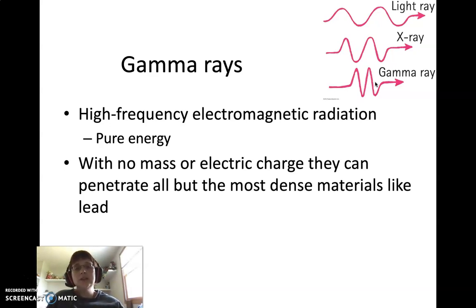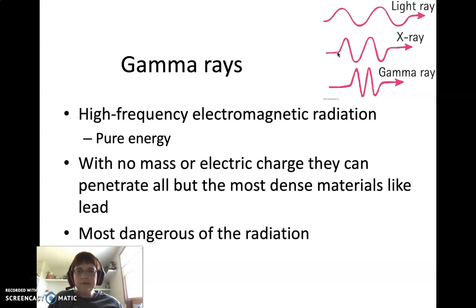So in order to stop gamma rays, you need something like lead. This is why when you go to get an X-ray at the dentist, they're going to give you a lead apron because X-rays are a little lower frequency. And they'll be stopped by lead. Gamma rays, same thing. They'll be able to be stopped by a section of lead.